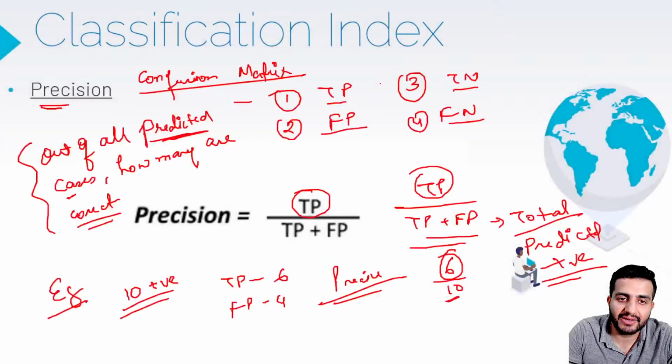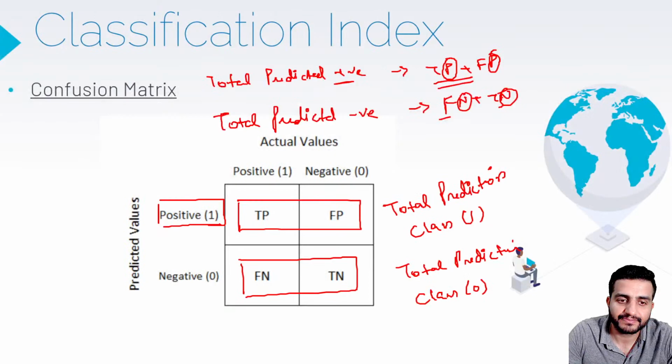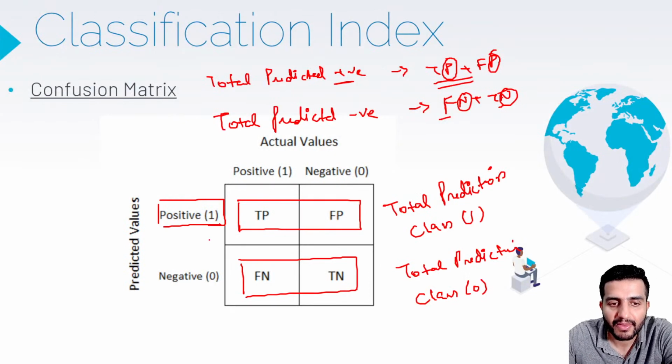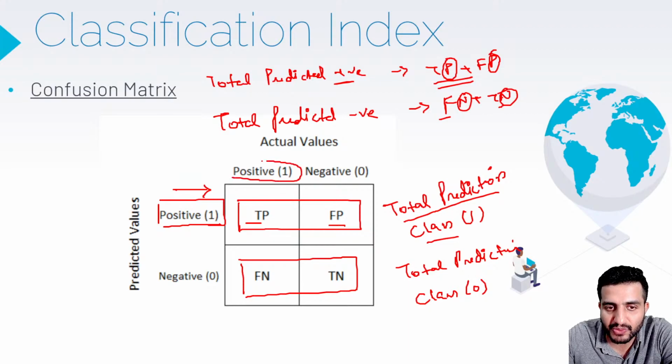Now let's go back here again. Now let's try to see. So we found out the total predicted class, the sum of the horizontal, which is TP plus FP. But what are my available cases here? For actual positives, we have what?